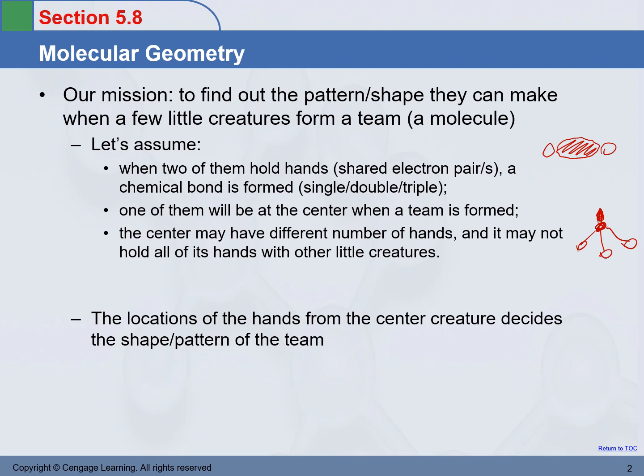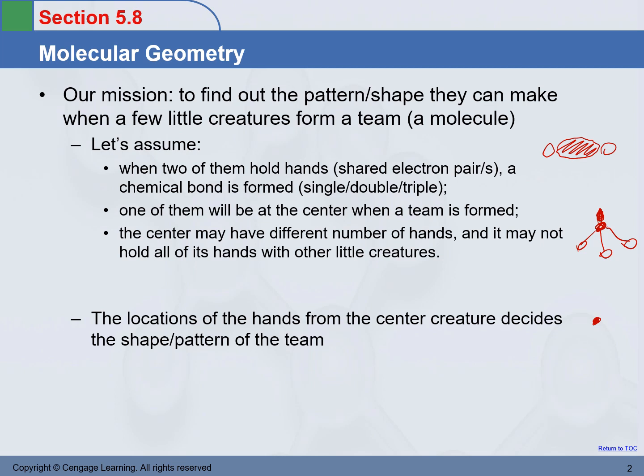Now, here's the important statement. The locations of the hands from the center decide the final shape or the pattern of the team. What does that mean? For example, this is the center atom, or the center creature. This one is going to hold hands with two other little creatures.